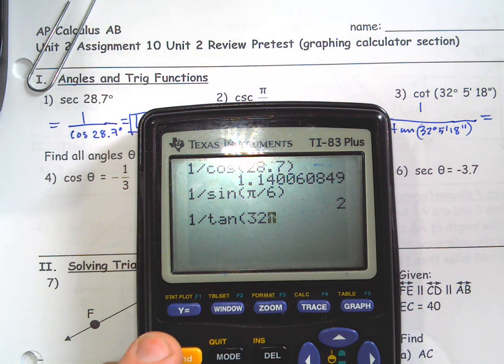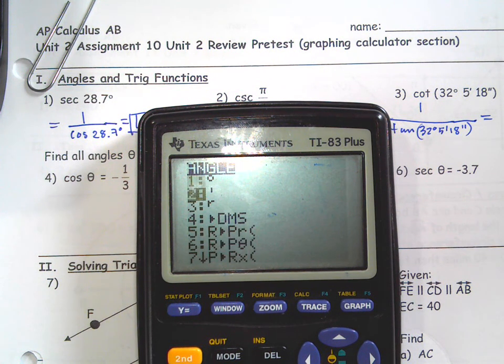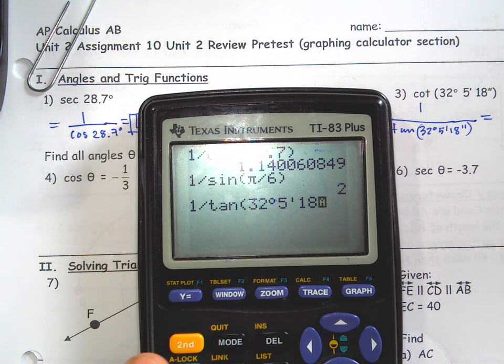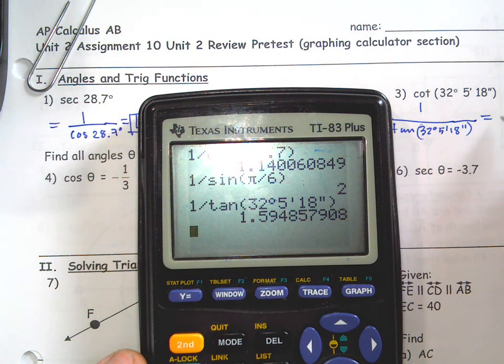Go to the angle menu, degrees, 5, go to the angle menu, minutes, 18, go alpha plus, and there's your answer. 3 decimal accuracy, 1.594 or 1.595.